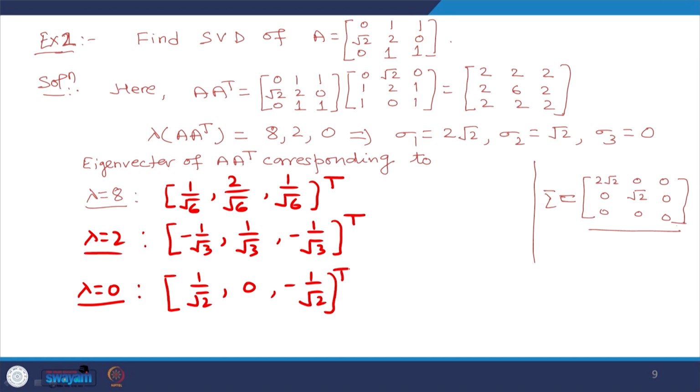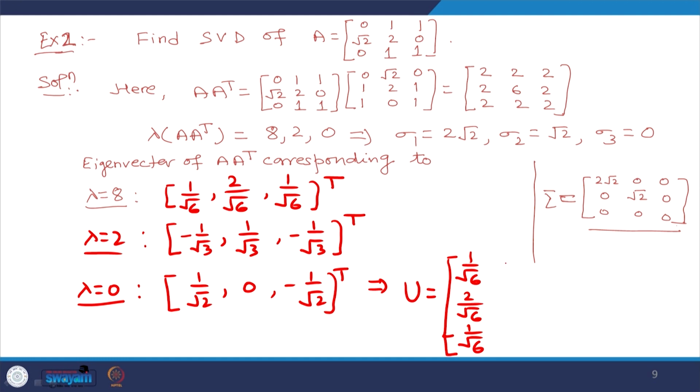You can easily verify that all these three eigenvectors corresponding to lambda equals 8, 2 and 0 are mutually orthogonal and they are orthonormal also. So, from here I can write my matrix U. The first column of U will be 1 upon root 6, 2 upon root 6 and 1 upon root 6.